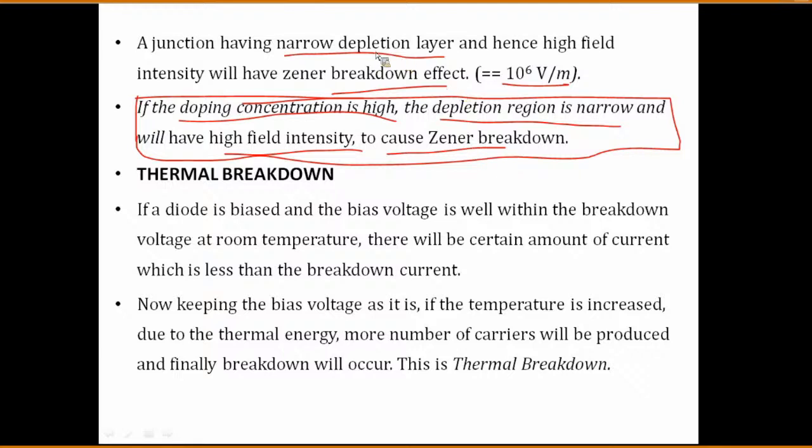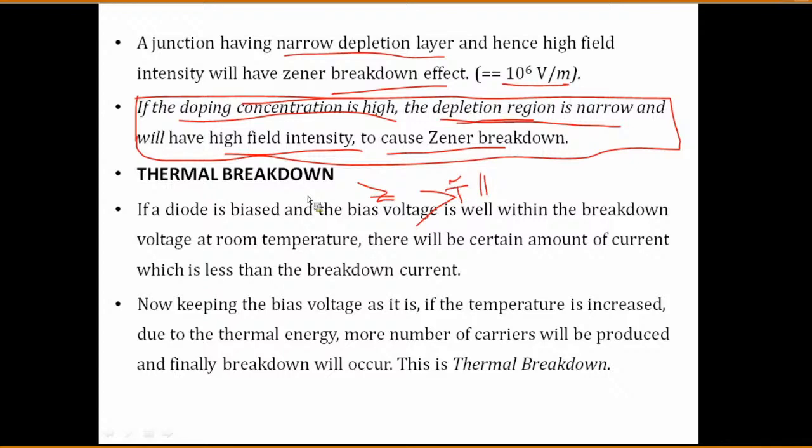The Zener diode is also a heavily doped PN diode, but compared to Zener, the tunnel diode is more heavily doped. That's why in a Zener diode the depletion region is narrow, and for a tunnel diode an extremely thin depletion layer will be there. That is the difference between the Zener and tunnel mechanisms. The tunneling mechanism we will see after thermal breakdown.